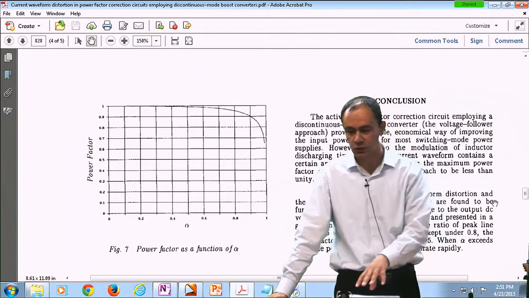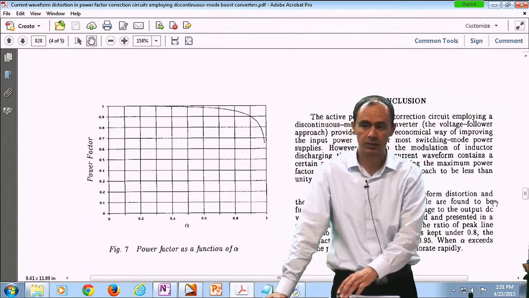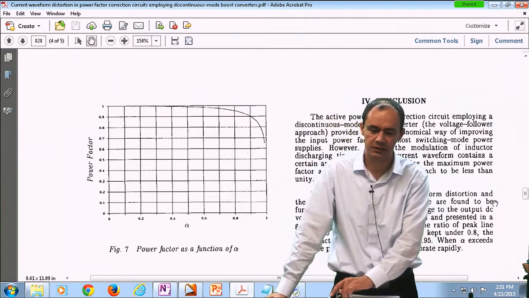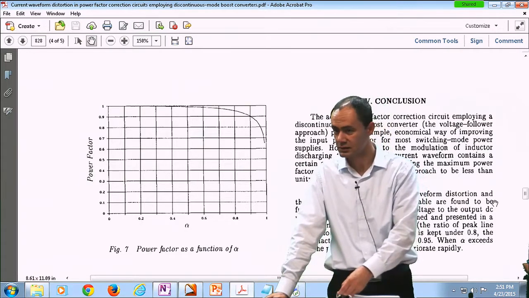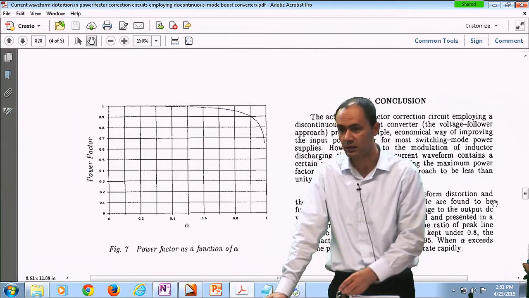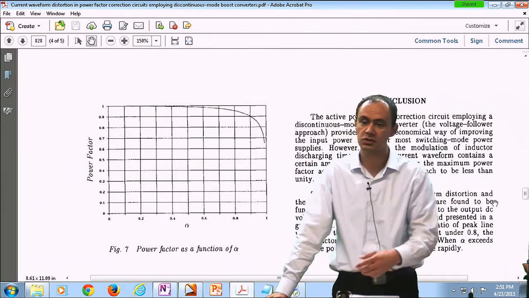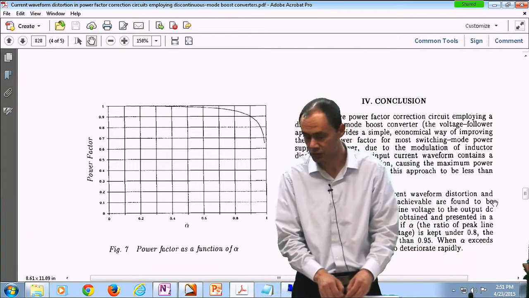But if you want to do a single stage, you can do a flyback. The problem with the flyback topology is that the input current is not continuous. Yes, there are a lot of applications using flyback as PFC, because in addition to power factor correction, it also provides isolation, which is good.